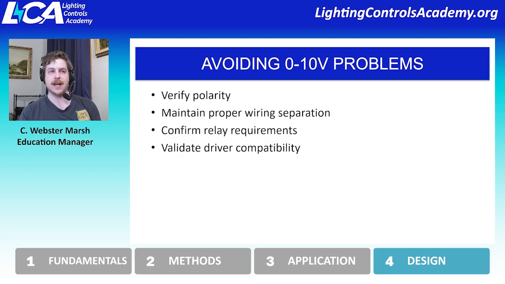We want to be able to validate that that driver is compatible, in the sense that there are multiple versions of 0 to 10 volt out there, and they're not all compatible. But typically in a commercial environment, so long as they're adhering to code requirements and manufacturing standards, the 0 to 10 volt should be compatible with the lighting control system. We've kind of figured out the issue with that compatibility, but it still doesn't hurt to just double check if it's a new application, new system, new fixture.